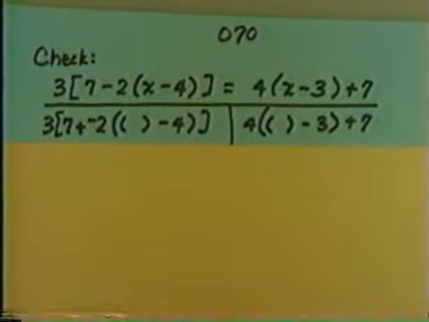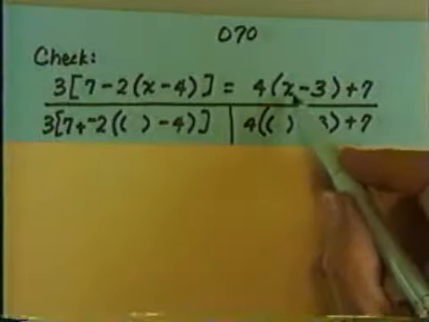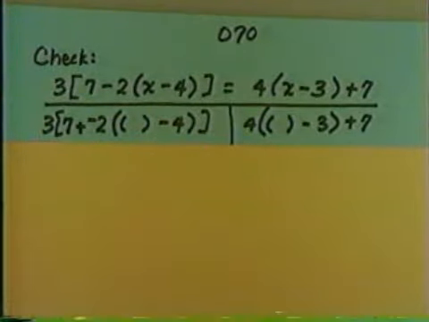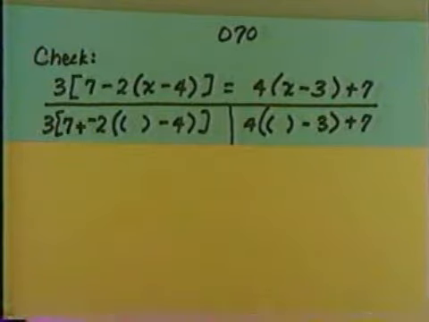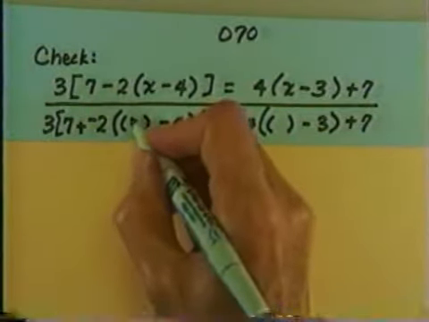We recopy, putting parentheses everywhere we have the letter x. The value we're checking is 5. So we'll go back, and everywhere we have the empty set of parentheses, we'll fill in the number 5. Here's 5. Here's 5.